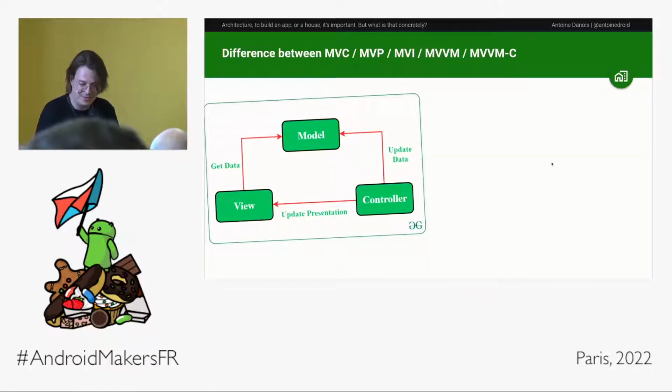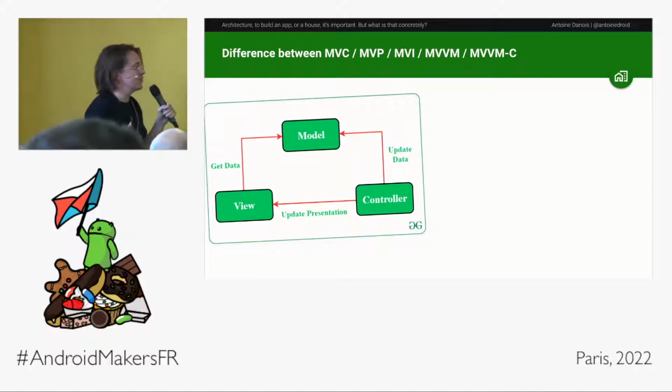Next, we have maybe the architectures that we are using the most in our industry, the MVC, with a model, view, and controller. The view is dealing with the UI, so the text, the buttons, the things you see on screen. The controller establishes a relation between the model and the view, and all the logic is in the controller.